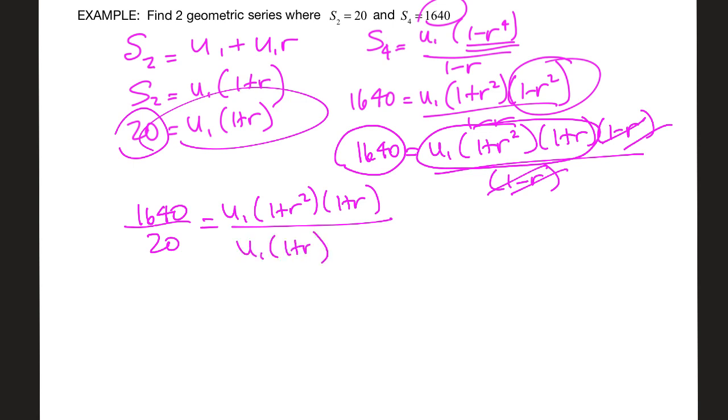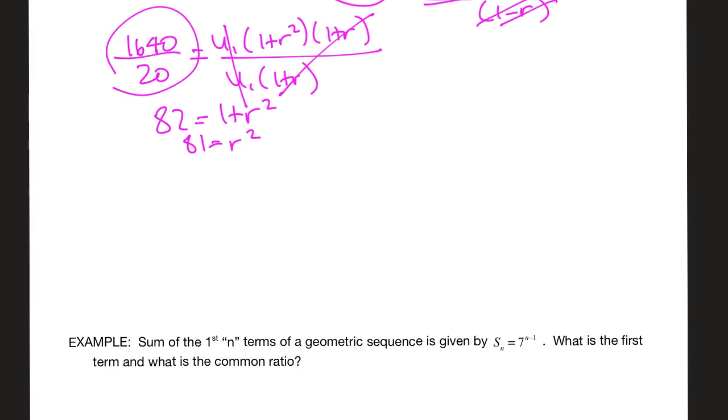Which is really cool because now the u sub 1's cancel, the 1 plus r's cancel. This reduces to be 82, and I get 1 plus r squared. So simplifying this, 81 is r squared, or in other words, r is equal to plus or minus 9. So the ratio could be plus or minus 9.